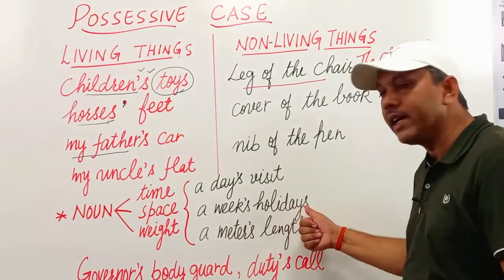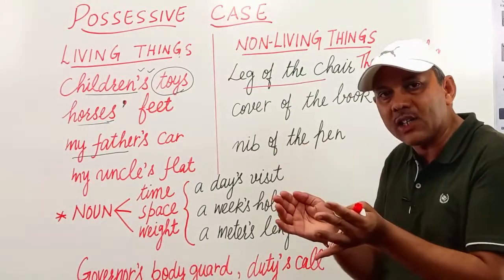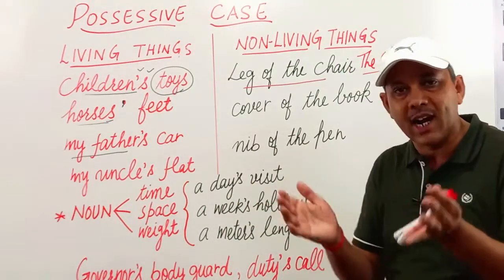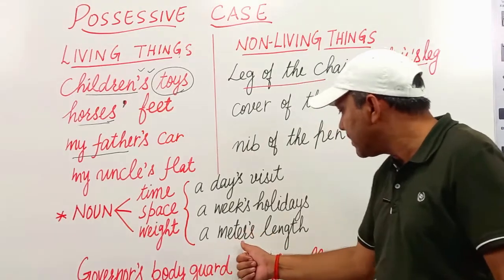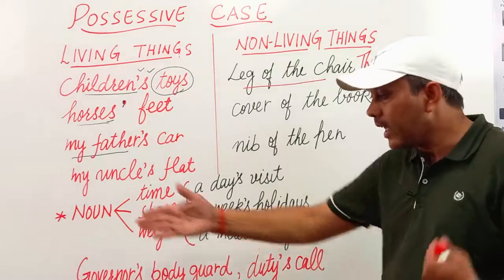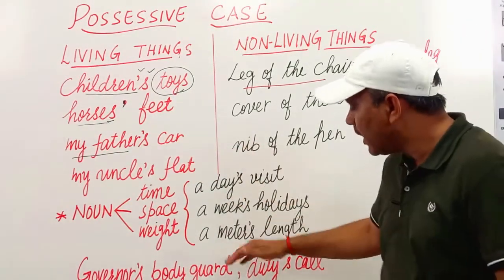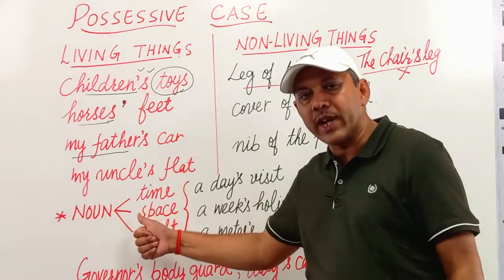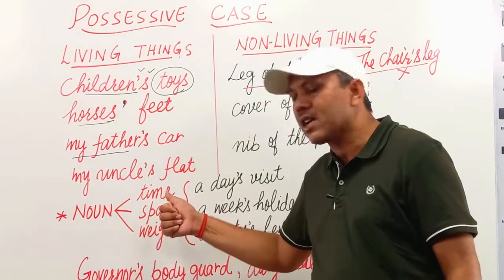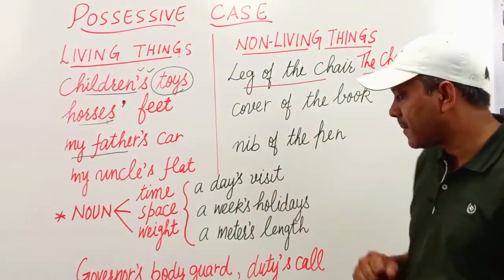A week's holidays. A week's holidays, एक सप्ताह की छुट्टियां, एक दिन की यात्रा. And in the same way, a meter's length. How long? A meter's length. 1 मीटर लंबा, 1 मीटर लंबाई वाला. In this way, we can use possessive form of nouns to mention time, space, weight, length, etc.